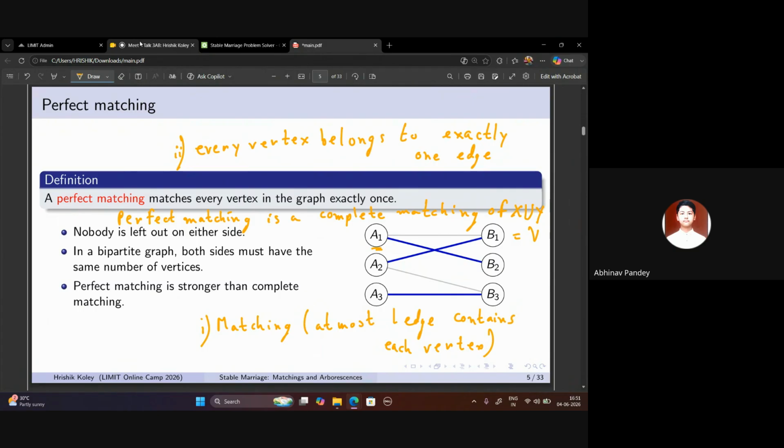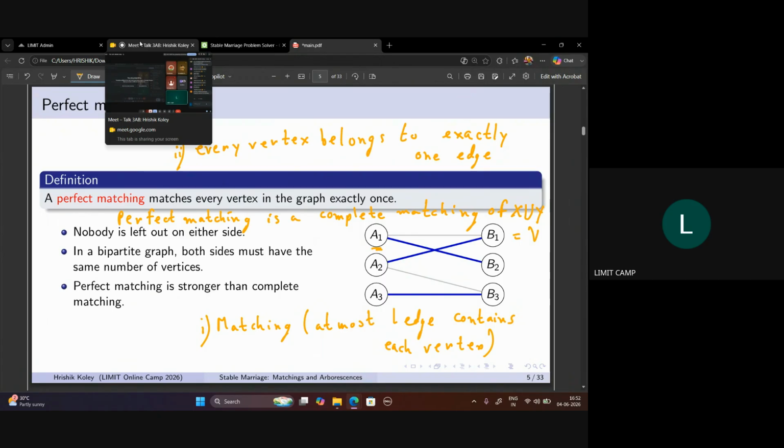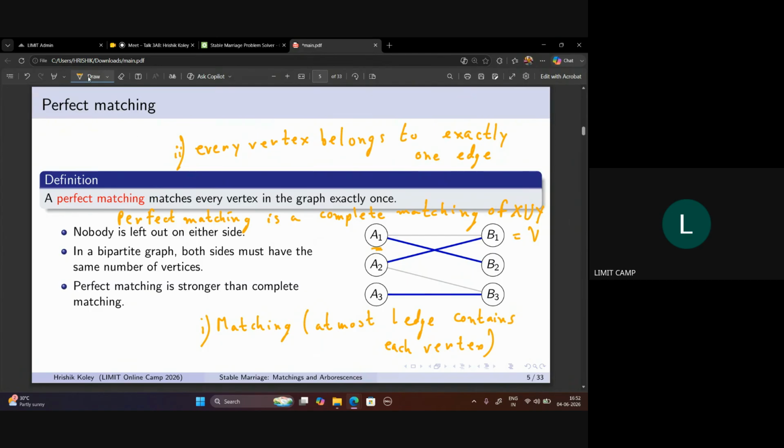This is only possible when both the sets have equal numbers of elements. If either set has more elements than the other, then this is not possible. Also, one point: please don't call me sir.